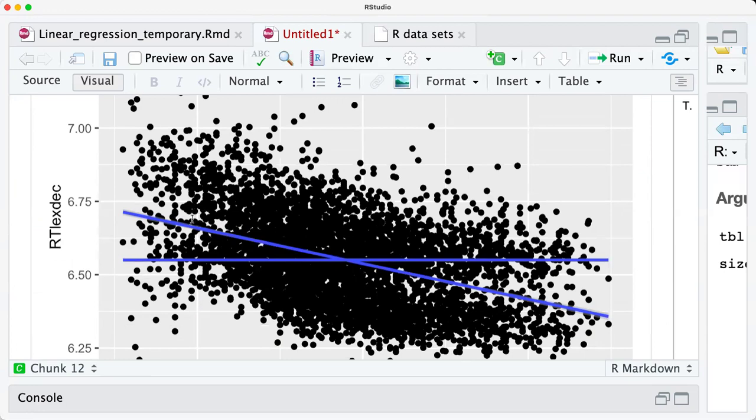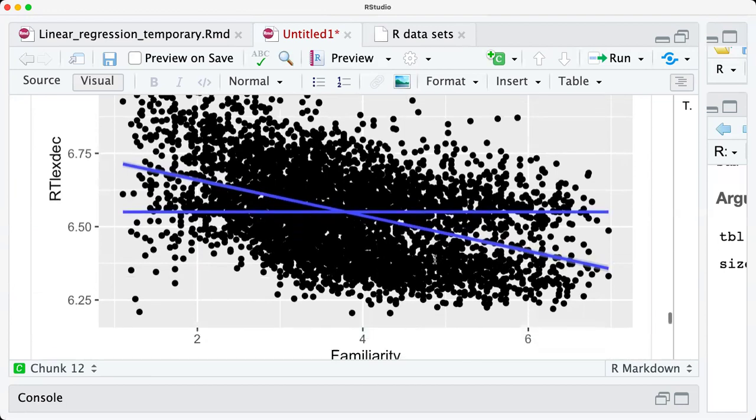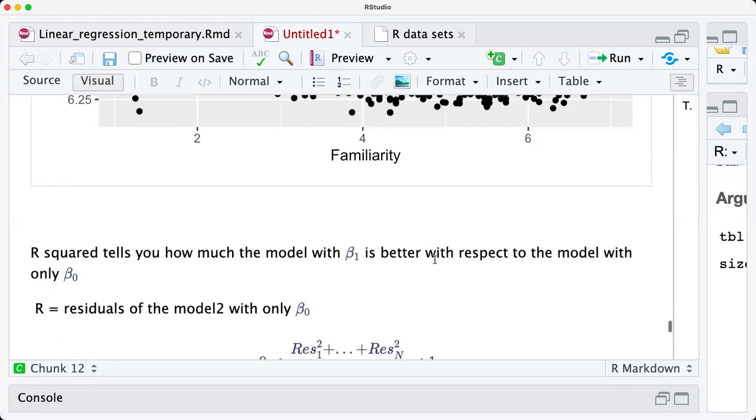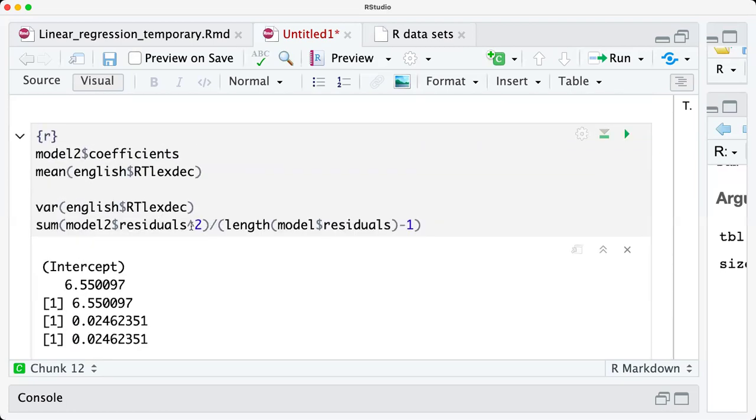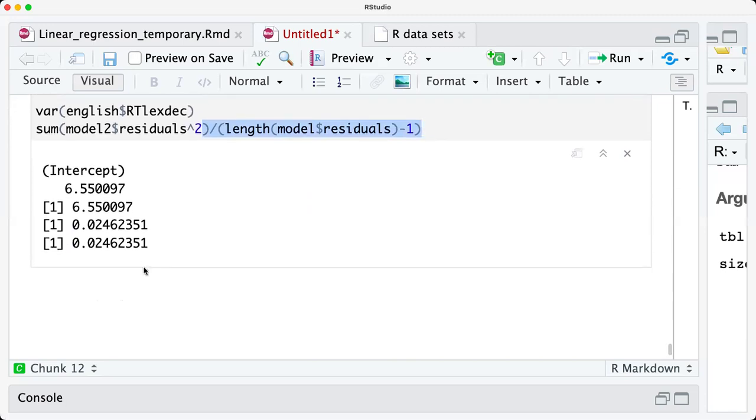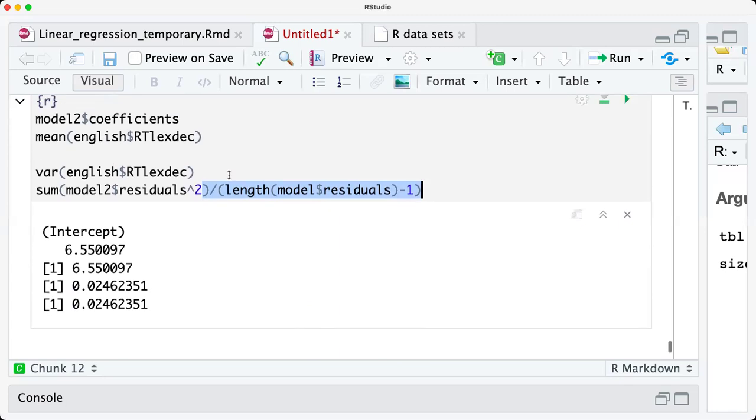So we can think of the linear regression line as explaining a little bit more of the variance. We are making a better guess, and this sum of the squares of the residuals will be less than the variance, and it will explain a little bit better the variance of the data.